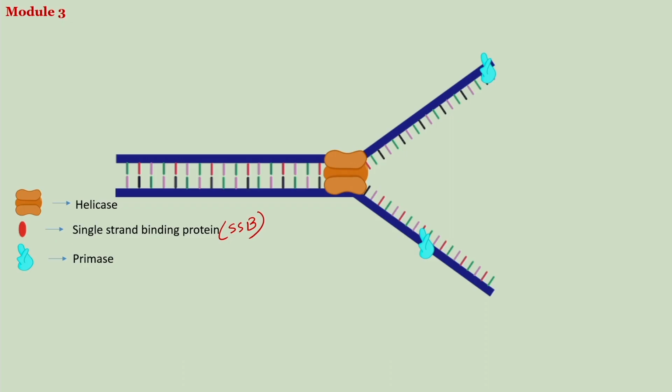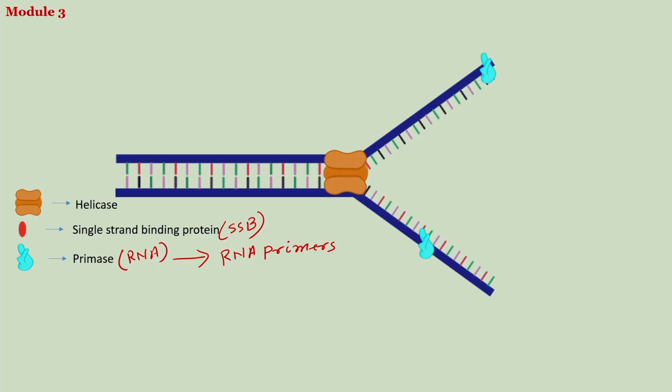As I have said, this primase is actually the RNA primase. What it does is synthesize RNA primers. I will discuss that later on also. They synthesize RNA primers, and RNA primers will give you the base for it.